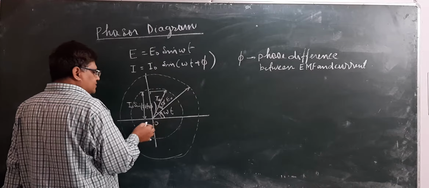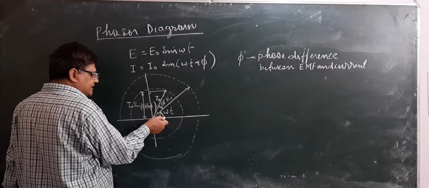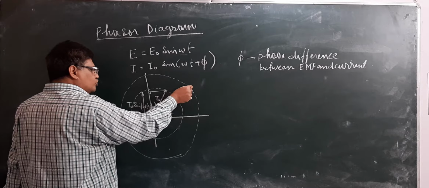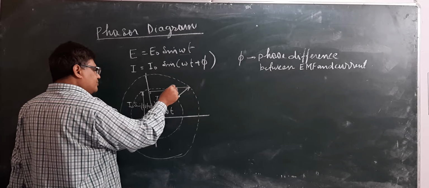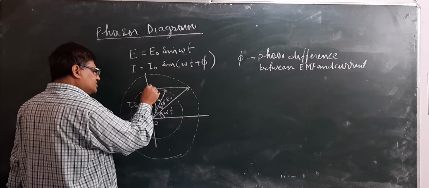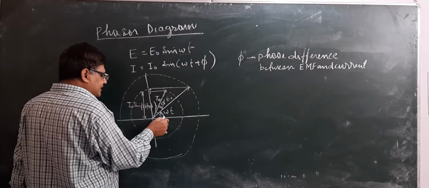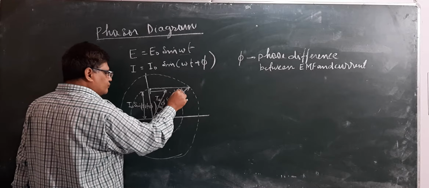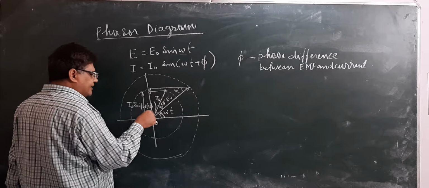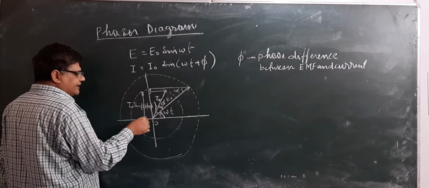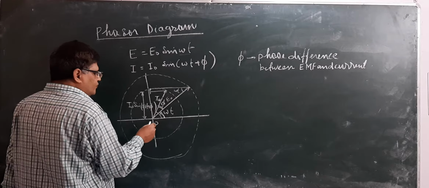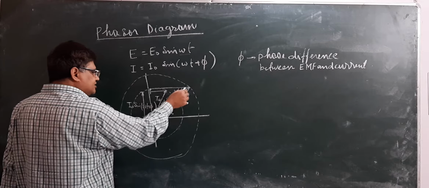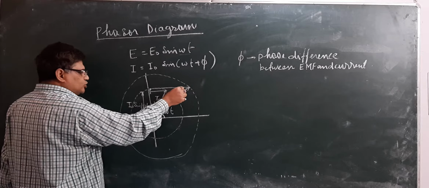Likewise, this is E naught and this angle is omega t. So if we drop a perpendicular from here on this axis, this angle is omega t, obviously this angle is also omega t. So this is a right angle triangle. In this right angle triangle, the hypotenuse has a length of E naught and this is omega t.